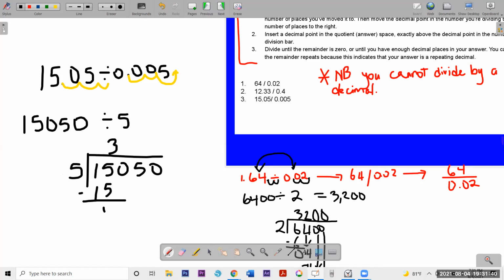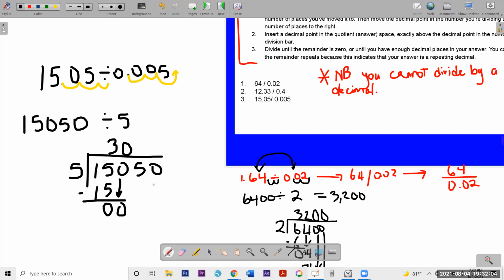Subtract, we're gonna get 0. So we bring down this 0. Can we divide by this? No, so we put 0. That's very important. You must follow, if you realize that the answer to the top is going to correspond with the number below. So you see 5 can go into 15 3 times, you put 3 right above. 5 cannot go into 0, so you put the 0 right above.